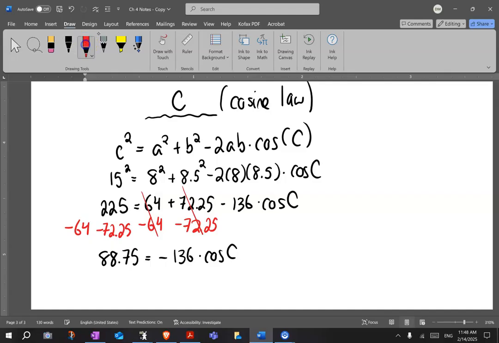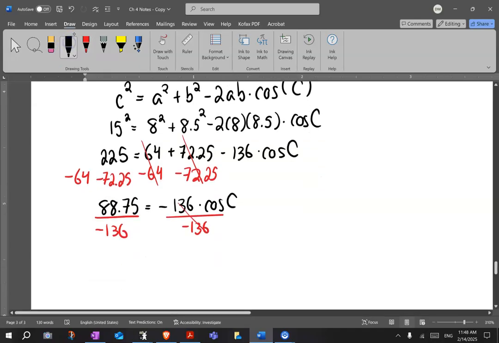A lot of students will like to add the 136 to get rid of this, but because it's multiplied, we actually need to divide. And what's kind of nice is this number will be negative, and cosine can be negative. It'll be on the second page, so it's able to distinguish that. Divided by 136, so negative 0.653-ish.